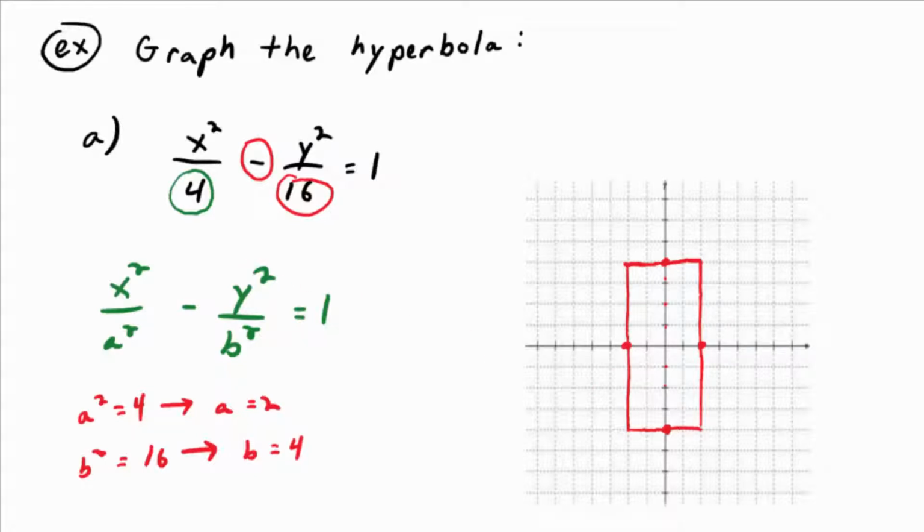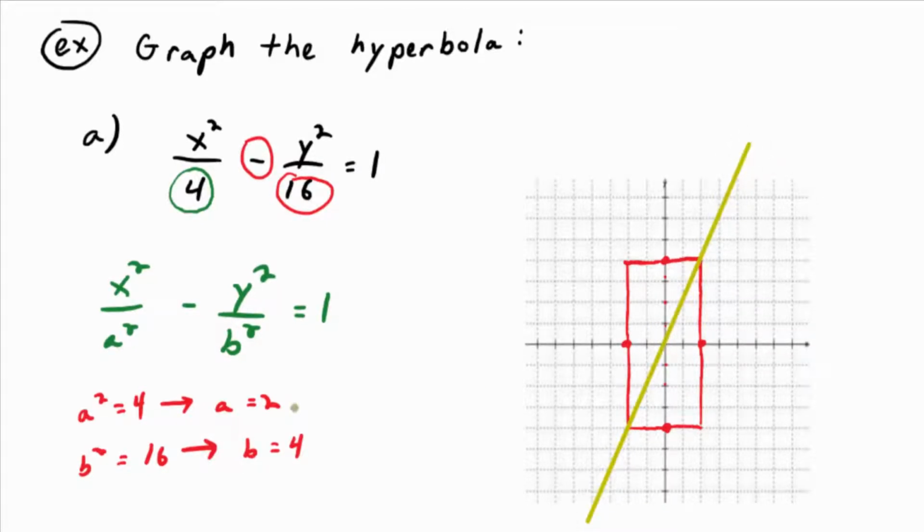Now I am going to cheat a little bit here. I'm going to use my drawing tool for a line to draw the extended diagonals of the box. So the diagonals go from corner to corner, right? Opposite corner to opposite corner. So there's one extended diagonal, and that's going to be one asymptote.